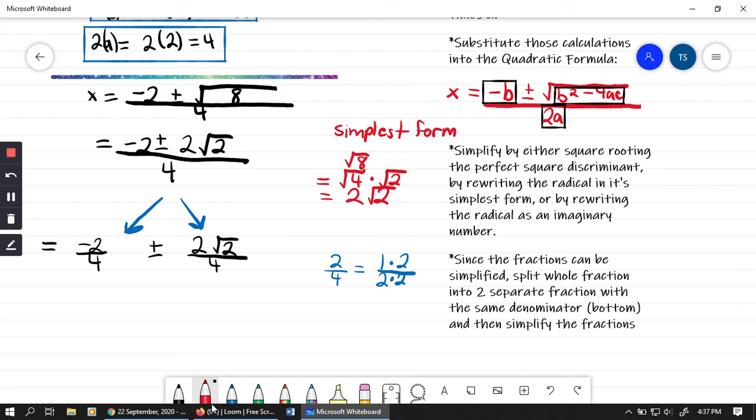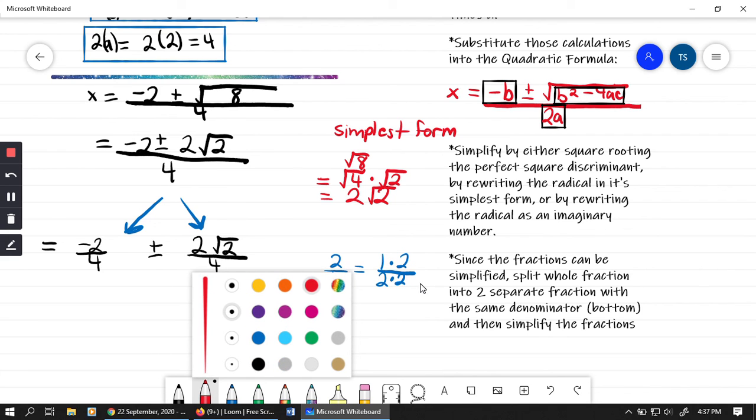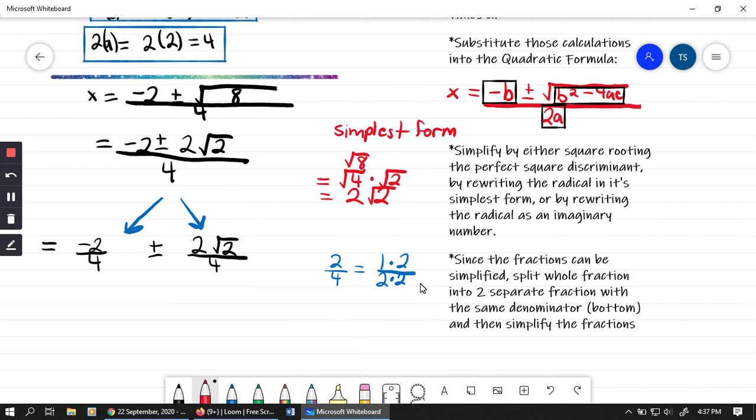So the 2 over 2 will cancel out, because you have the same factor at the top as at the bottom. We simplify 2 over 4, and because those common factors have canceled out, it simplifies to 1/2.